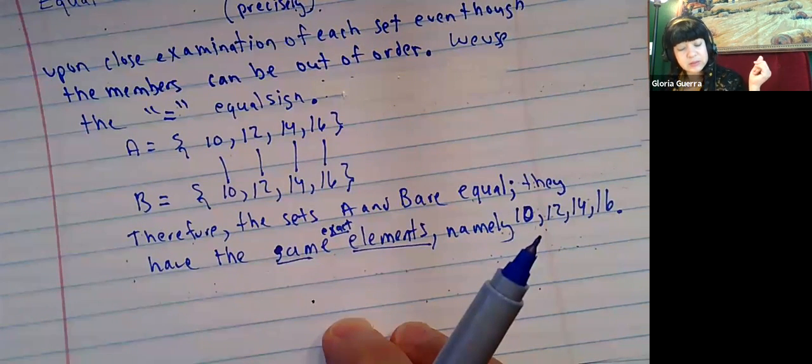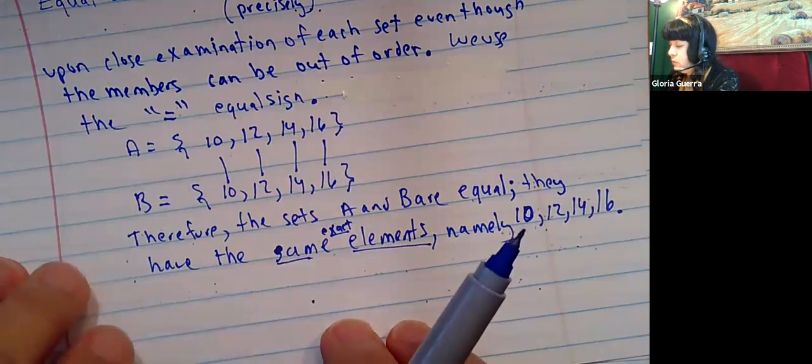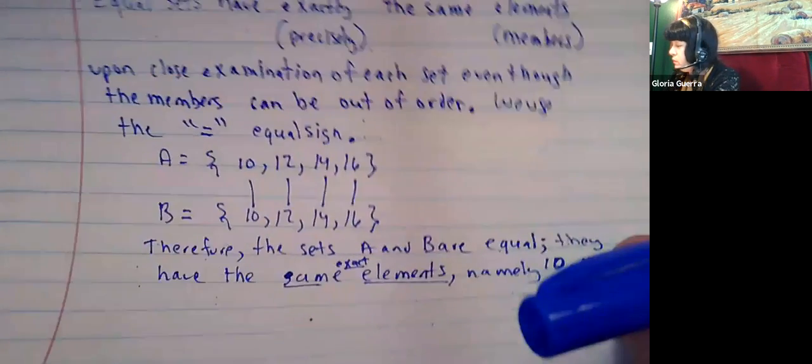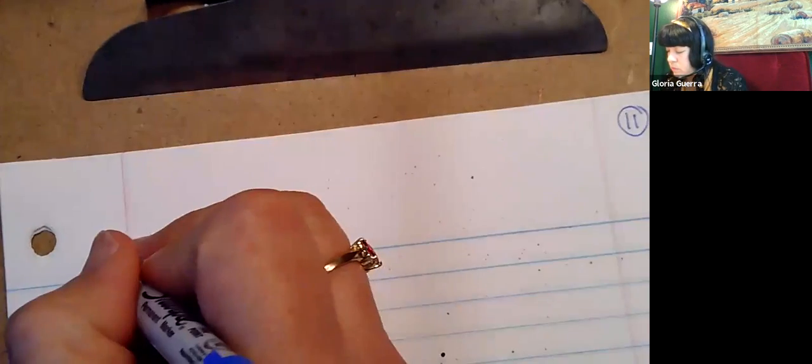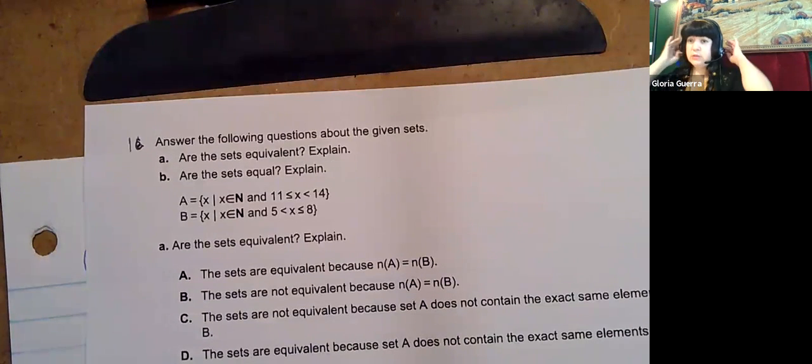So 16 and 17, let's do that. 16 says, answer the following questions about the given set. Are the sets equivalent? Explain. Are the sets equal? Explain. Okay, and then here's how they're putting our two sets down.